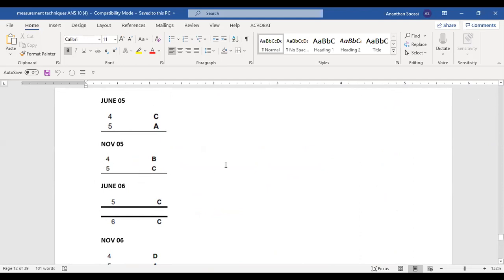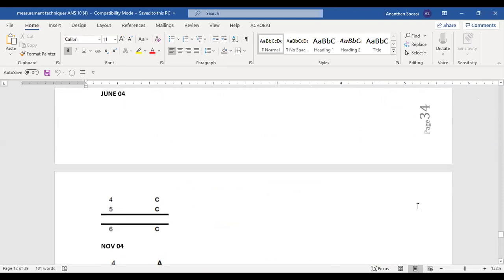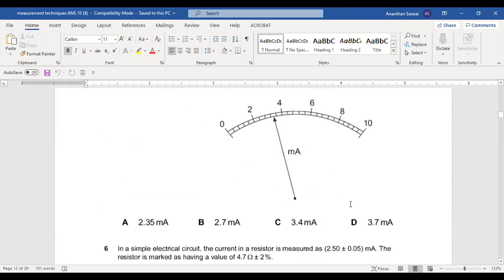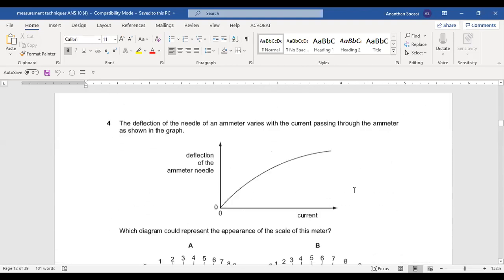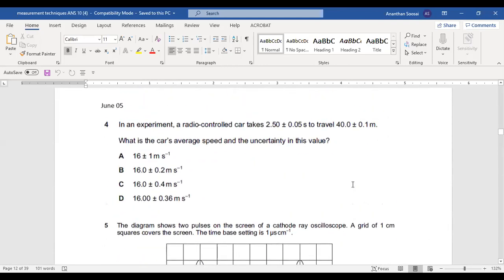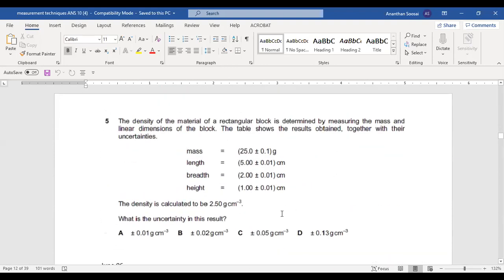Number 5 is C. So you should get C, 0.05. What's the mistake? The density is 2.5, eh?